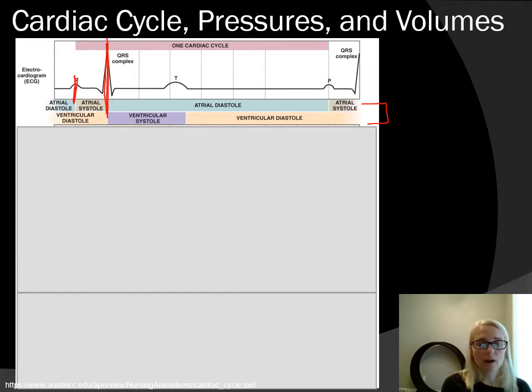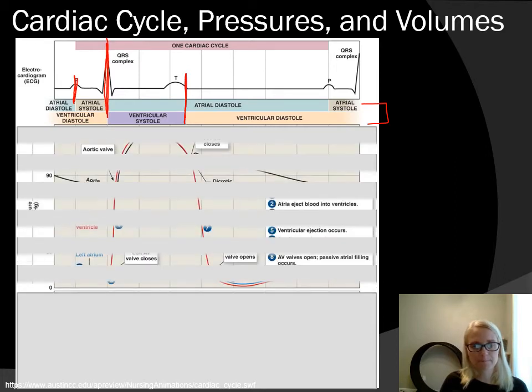And then our relaxation, ventricular diastole, starts after the muscles have been repolarized. So that's at the end of the T wave. So lining up your P, QRS, and T to the contraction shows you that the contractions start a little bit after the signal has been sent, the P and the QRS, and the relaxation starts at the end of repolarization.